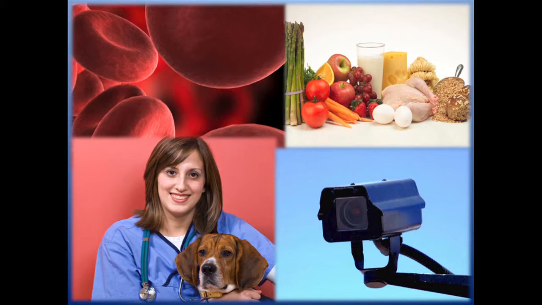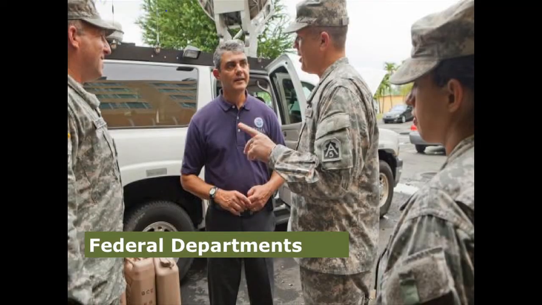So how does this all come about? We know that this comes from the feds and is brought down to the state and the local areas. But what federal agencies are really responsible for providing this to states and locals? One of the first ones is the Department of Defense, and the Department of Defense has helped out with transporting patients. It could be either evacuation of hospitals or evacuating communities.